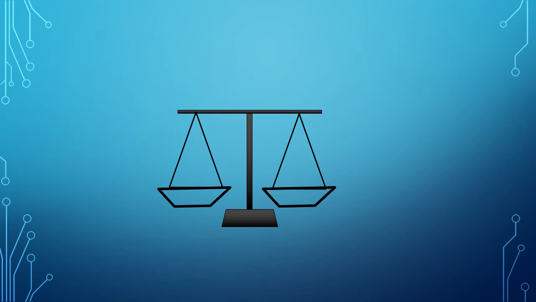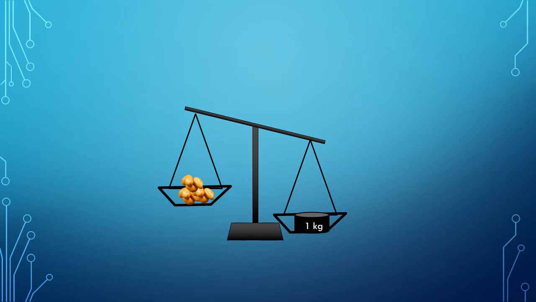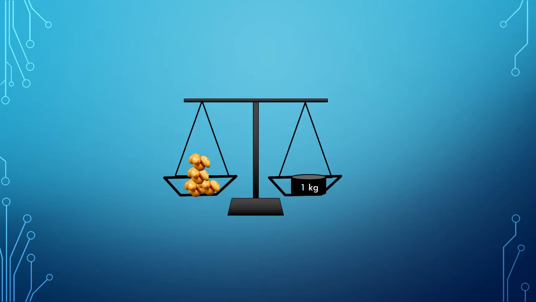He places the potatoes in one pan and a 1 kg weight in the other pan. As you can see, both pans are unbalanced, so the shopkeeper adds some more potatoes. Now equilibrium is established as the pans are balanced. So we can easily get 1 kg of potatoes.